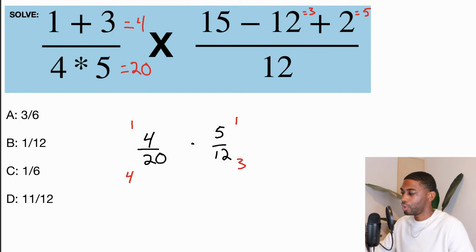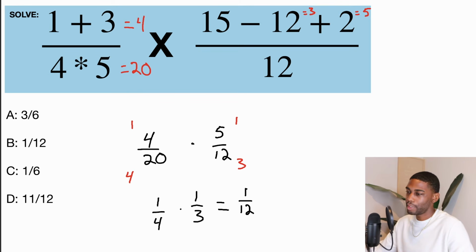We have 1 over 4 times 1 over 3. Look at this, man. What do they say? Easy peasy lemon squeezy. 1 times 1 is 1. 4 times 3 is 12. 1 over 12. Do we have that in the answer key? Yes, we do. B would be the correct answer.